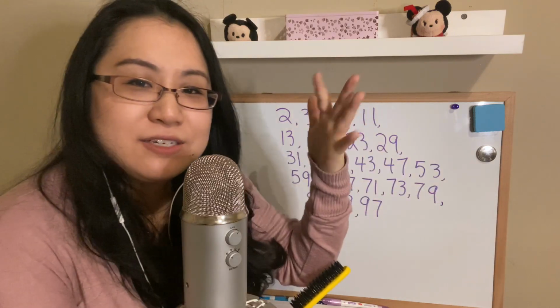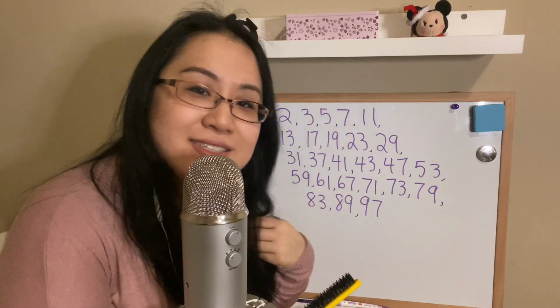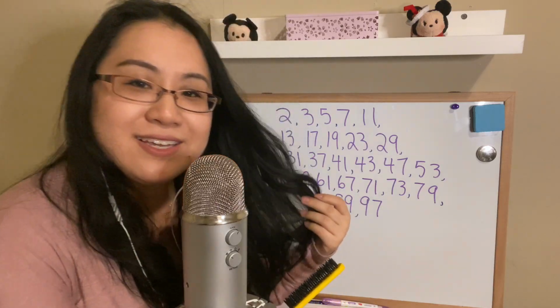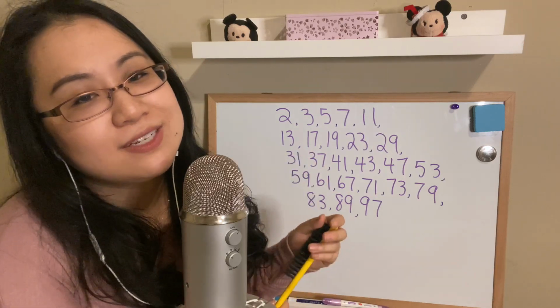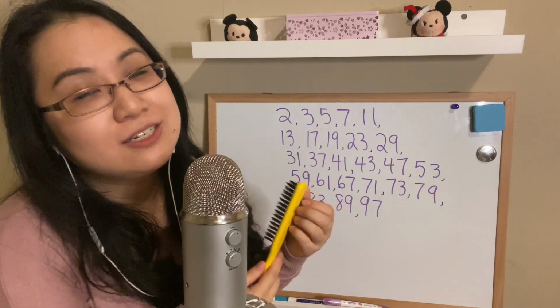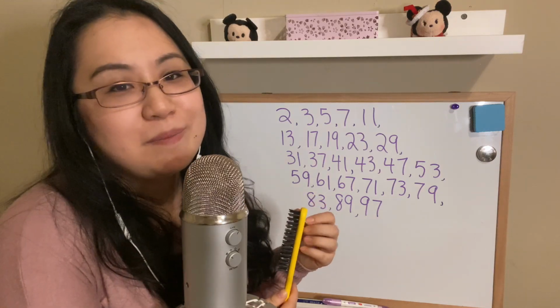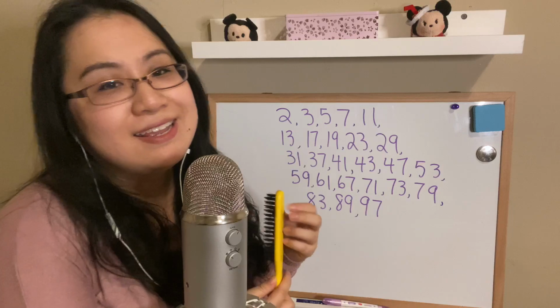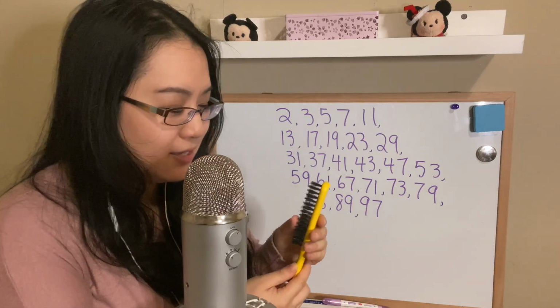I like the idea of breaking things down into simpler pieces. So if you can't sleep one night, instead of counting sheep, maybe you can think about prime numbers a bit. And I hope that this was relaxing.